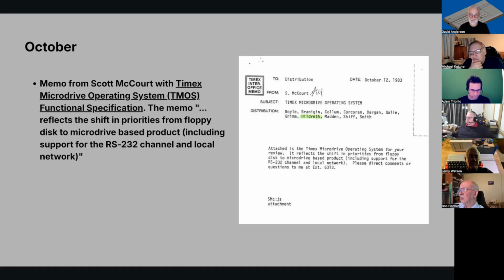So there's a whole couple of pages where Lon is sort of talking to himself about how to add that into what was going to be the Timex microdrive operating system.